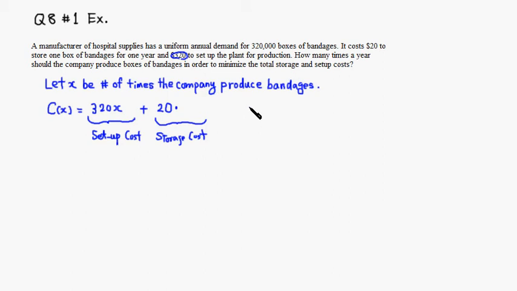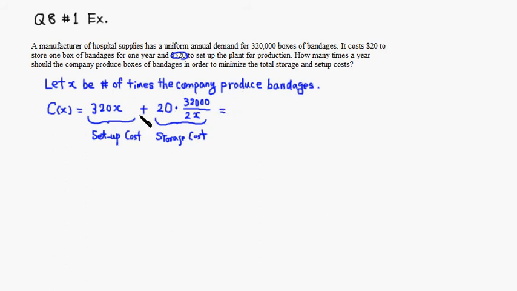The annual demand is 320,000, and you divide by the number of productions, X. But on average, it's going to store 1/2 of that number, so we divide by 2.